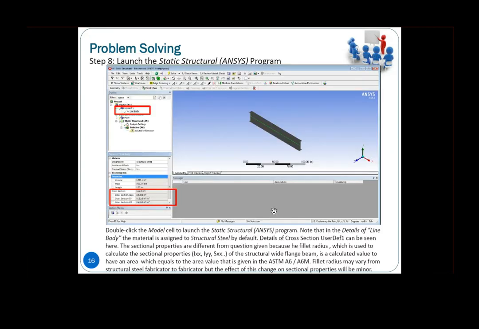So I have an I beam similar to this, and you can also check from this when you launch the Mechanical, right?